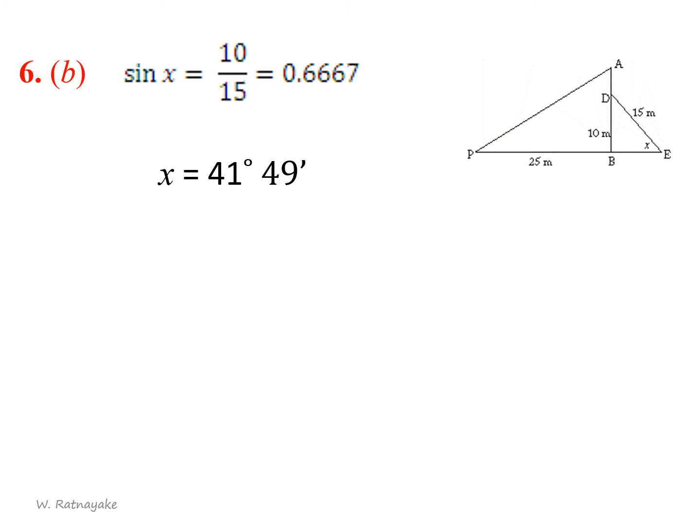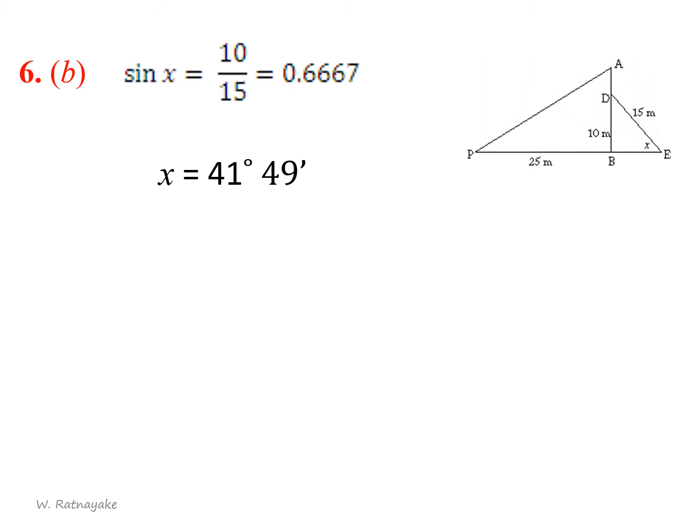So we have to see in which place this 0.6667 is indicated. Then the angle in degrees and minutes we can find from the sine table. So the value we can get from the sine table is 41 degrees and 49 minutes.